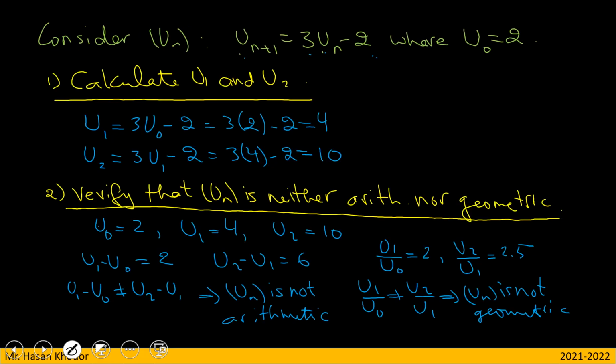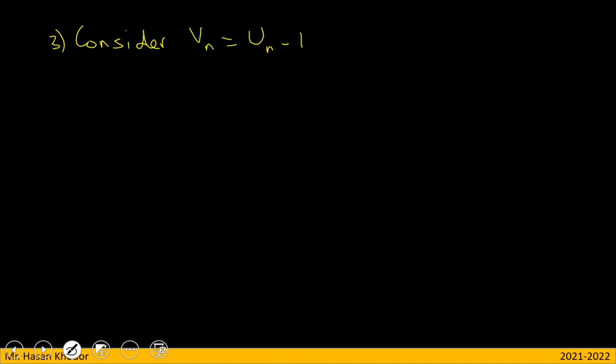Consider a sequence Vn, which is equal to un minus 1. Now, we want to prove or show something, but before showing this, let's calculate, for example, V0, V1, and V2.